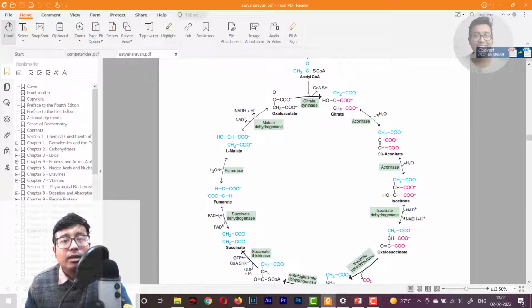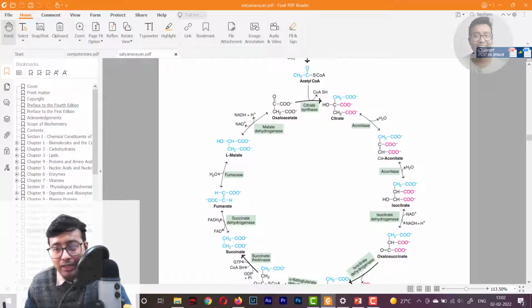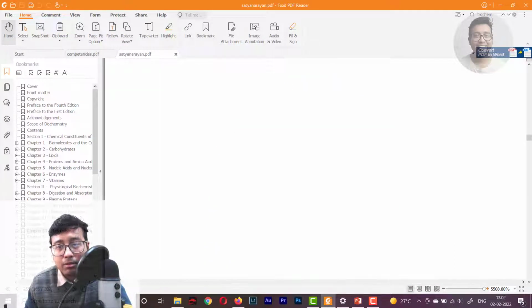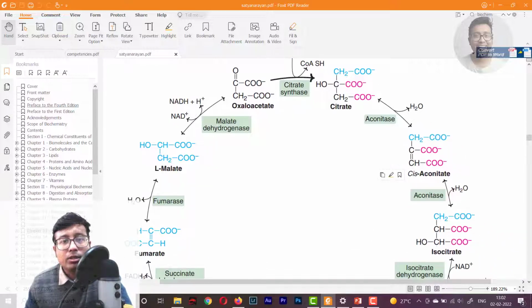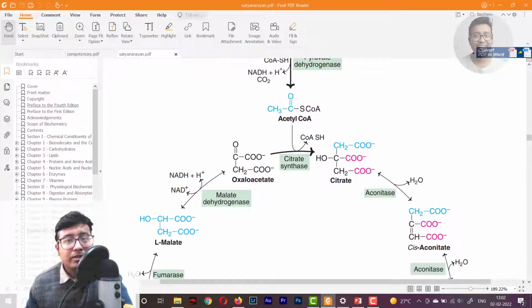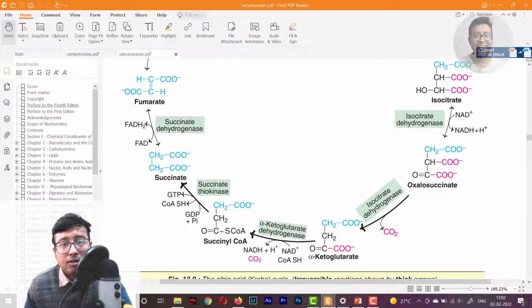But if you are lacking in time, which I believe you already are, or you will be when the exam is knocking at the door, then you need to know the irreversible steps. Citrate synthase is an irreversible step. Next, alpha ketoglutarate dehydrogenase, isocitrate dehydrogenase and succinate thiokinase.